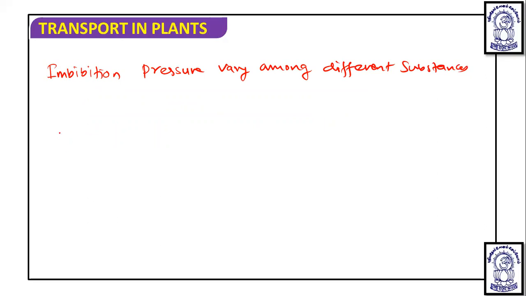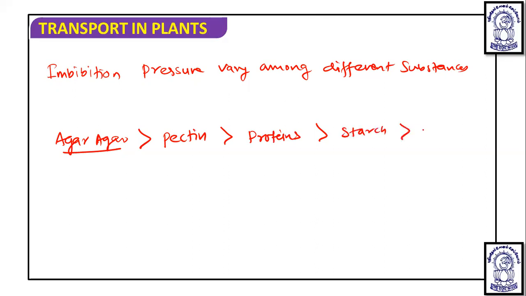The imbibition pressure of agar agar is greater than pectin, which is greater than proteins, greater than starch, and greater than cellulose. Okay, so agar agar has the highest imbibition pressure.